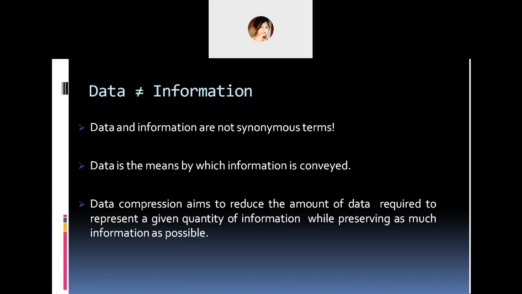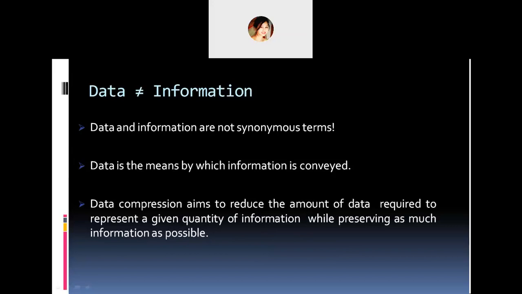It is the same thing as image compression. Image compression means you are using compression techniques for an image. Data compression means you are using compression techniques for data. Data compression aims to reduce the amount of data required to represent a given quantity of information while preserving as much information as possible.